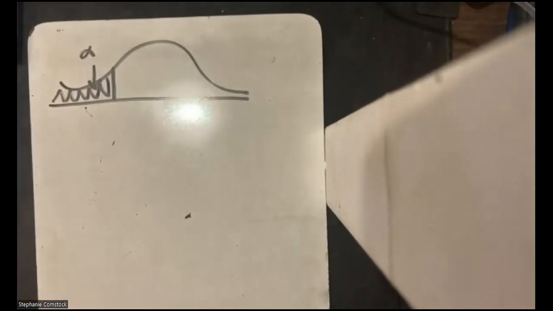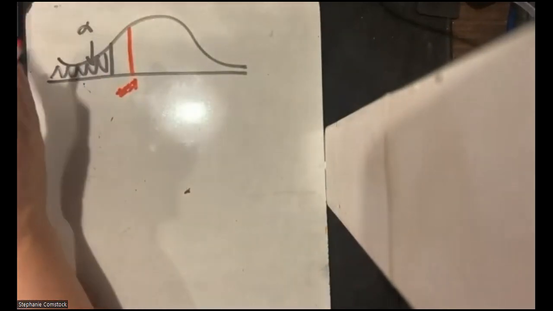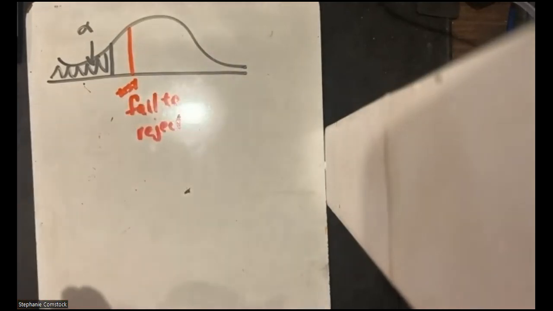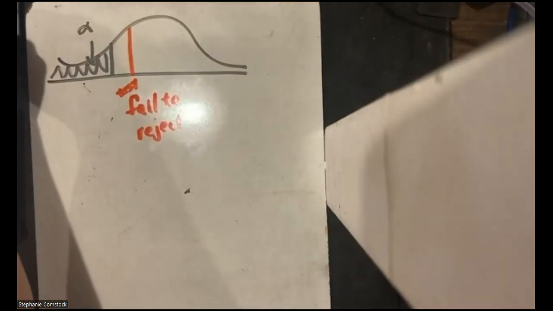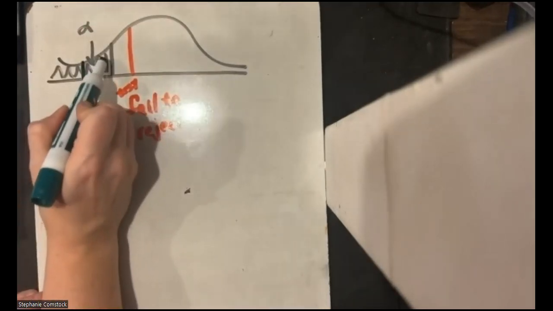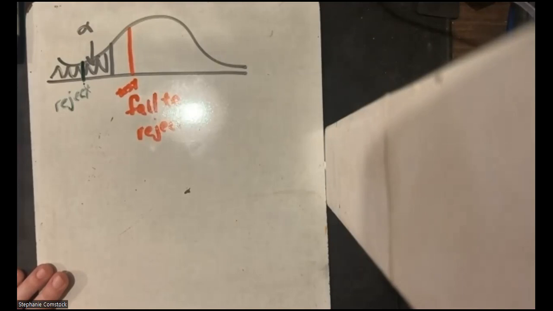Now, if our test statistic is here, we have not gotten into this dark region. This dark region is our reject region. This is basically where I would convict them. So if it's here, I would fail to reject. If, however, my test statistic was here or anywhere in this dark region, then I would reject because I'm down here in this other end.